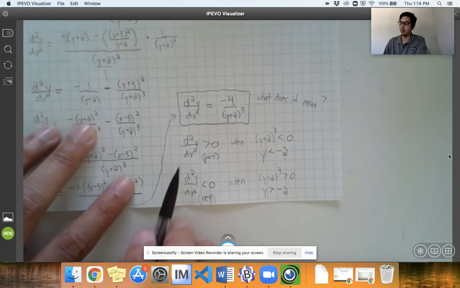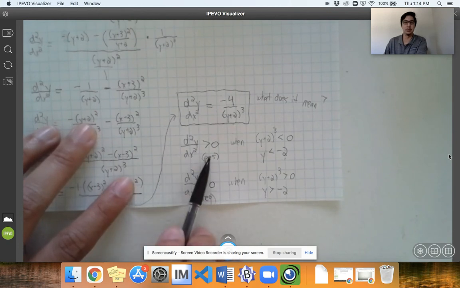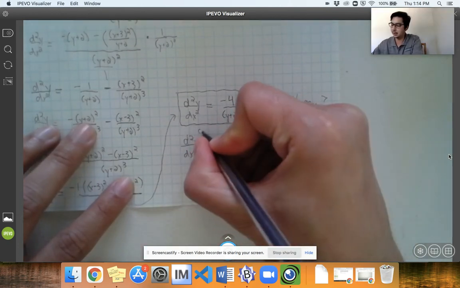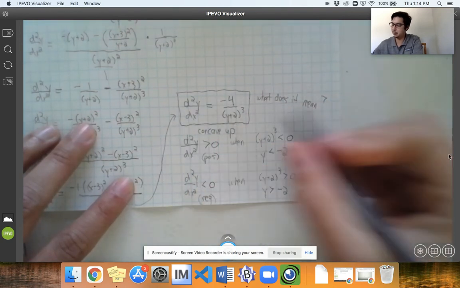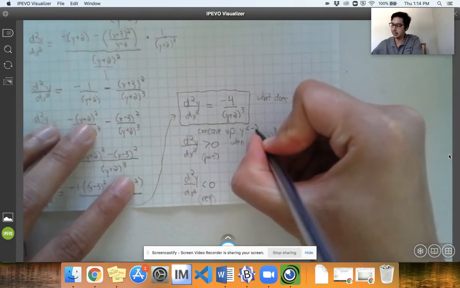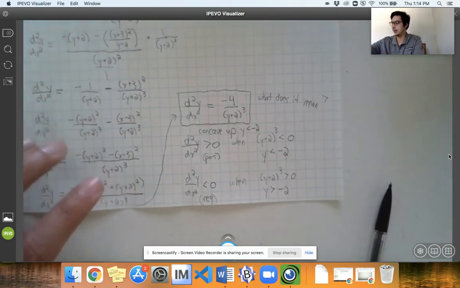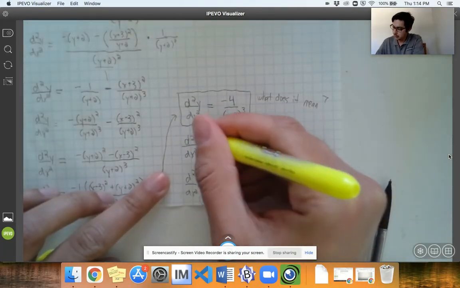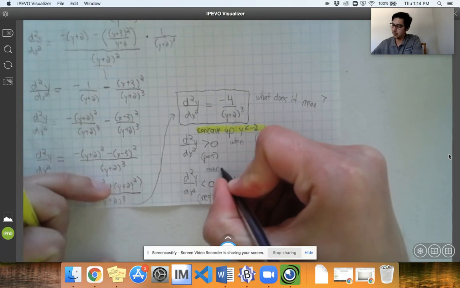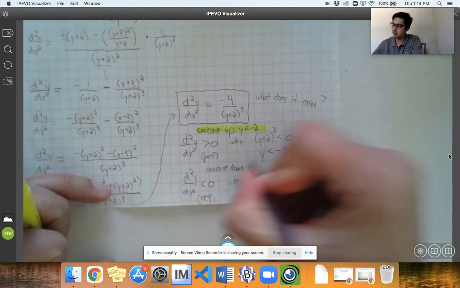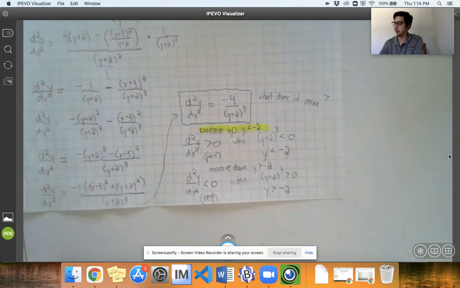Well, really quick, what does a second derivative mean? A positive second derivative means that it's concave up. So this graph is concave up when y is less than negative 2. And similarly, we just found out algebraically that the graph is concave down when y is greater than negative 2.